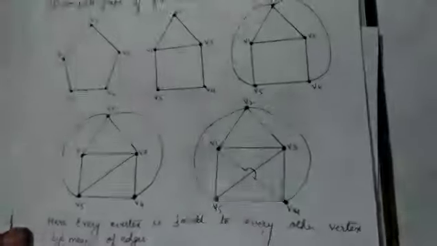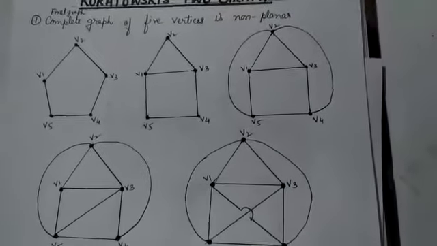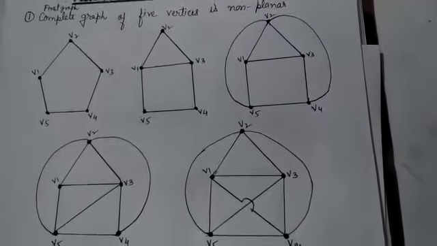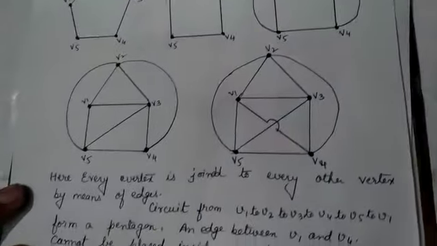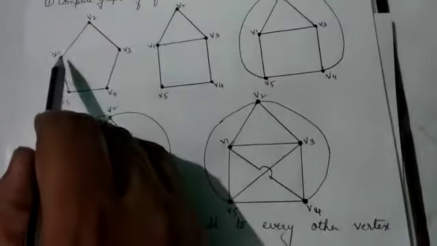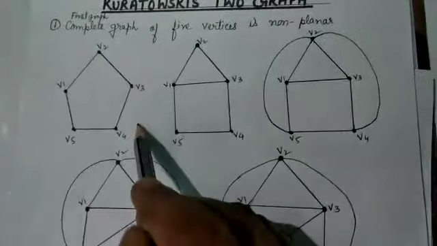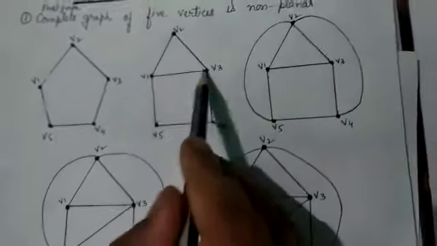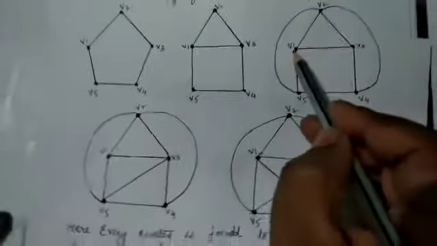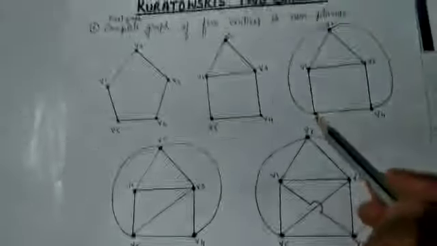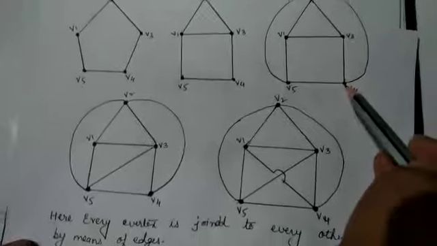It forms a pentagon. An edge between V1 and V4 cannot be placed inside or outside the pentagon without a crossover. So let us see the pentagon. After drawing this pentagon, V1 and V3 are joined. So this is also a planar graph, but here V2 and V5 are joined with an edge. V2 and V4 are again joined with an edge.